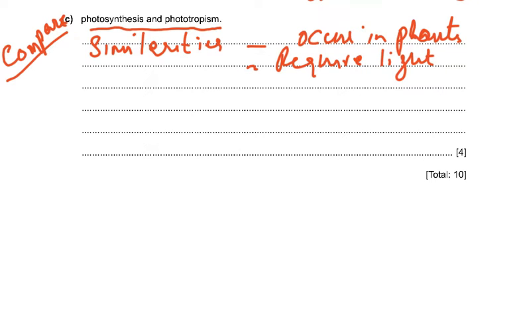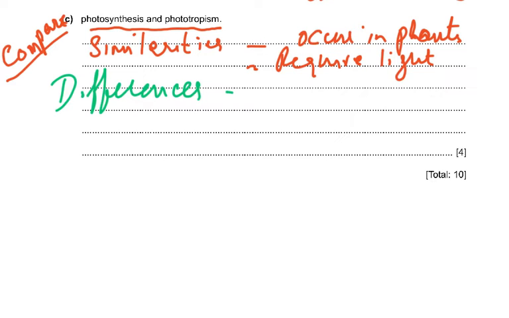Now let's look at the differences, which are very obvious. For photosynthesis you need chlorophyll, and it produces sugar or glucose. In phototropism a chemical called auxin is produced and it results in growth towards light or away from light.